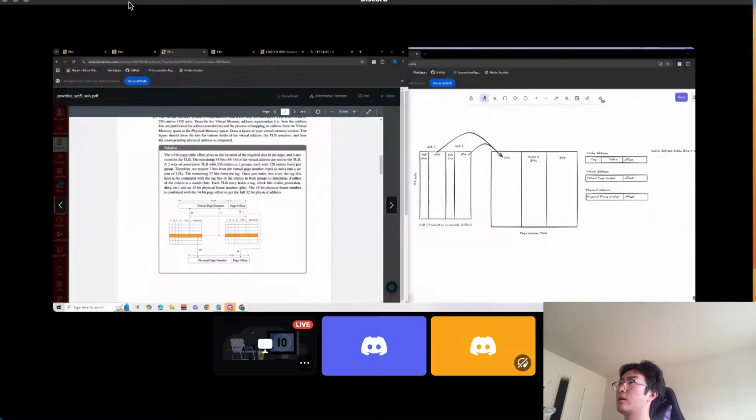Okay, so let's get rid of this then. So we don't even need the page lookup table, but what we do need is this translation look aside buffer, which probably is wrong. Okay, so let's just create two of these then. We'll call this set 1, and then we'll call this one set 2, right?